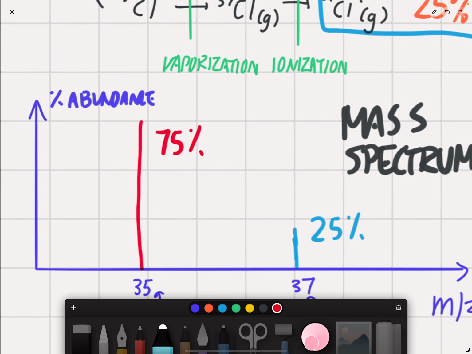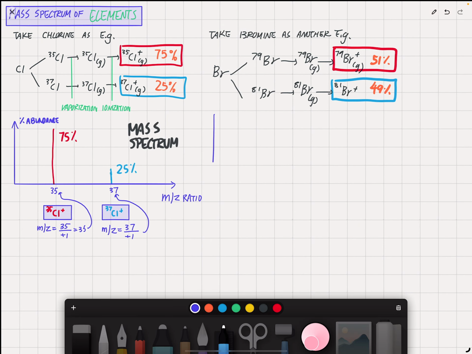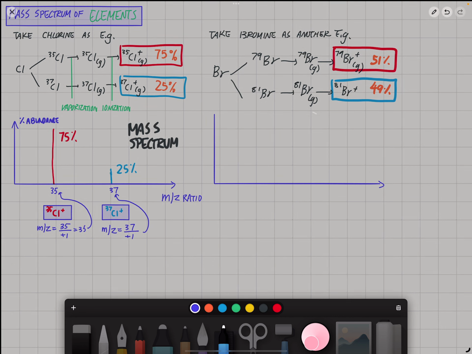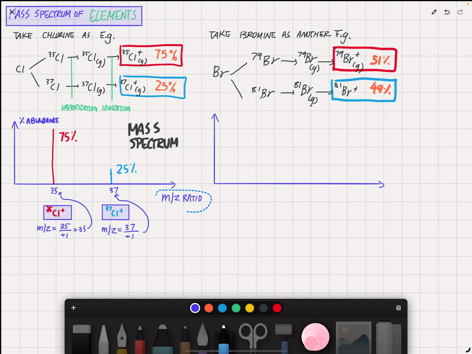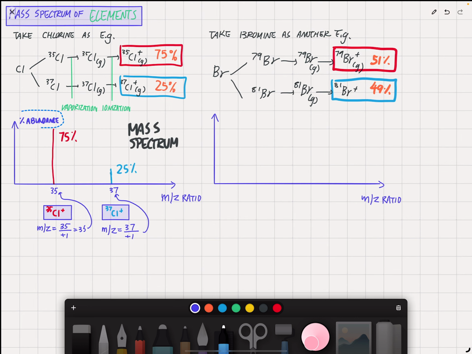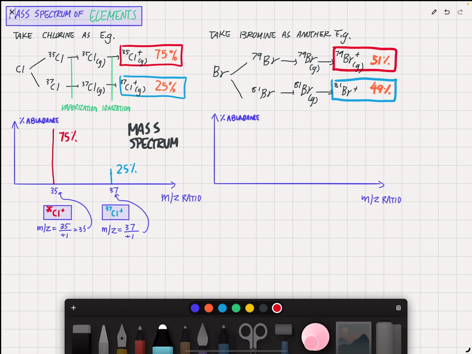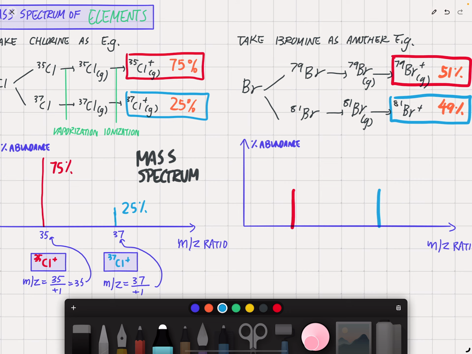This is why the red line is 3 times as tall as the blue line. On the right, the graph for bromine should look like this. You have mass to charge ratio as the x-axis again, and percent abundance as the y-axis. You will have a red line and a blue line here that are just as tall. This one is 49% abundant, and the 79Br is 51% abundant.